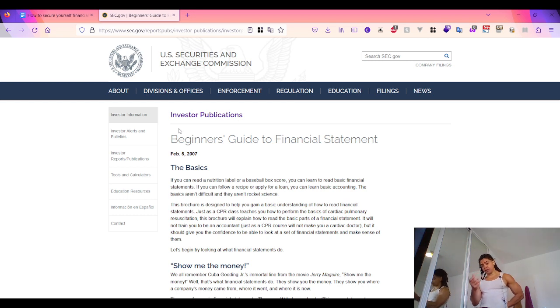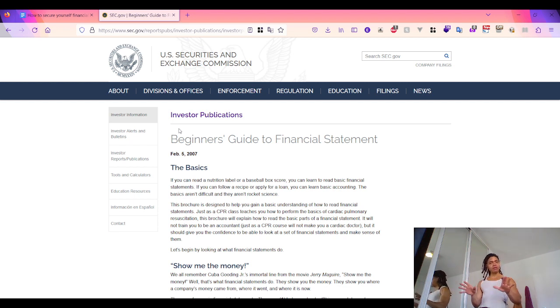And if you can follow a recipe or apply for a loan, you can learn the basics of accounting. And the basics are not difficult. So this section will give us a basic understanding, especially when we need to see a set of financial statements and make sense of them, right?